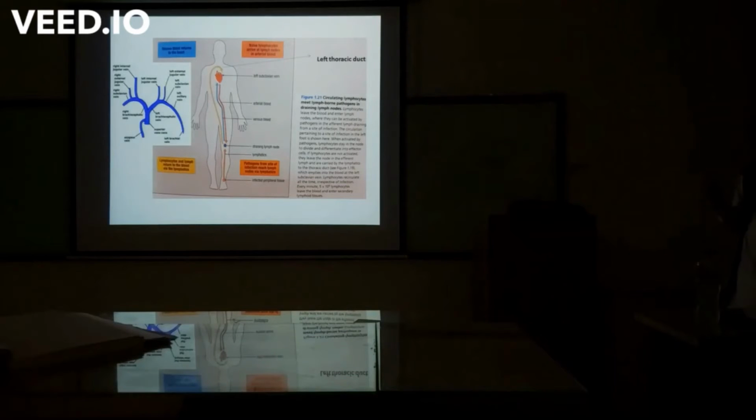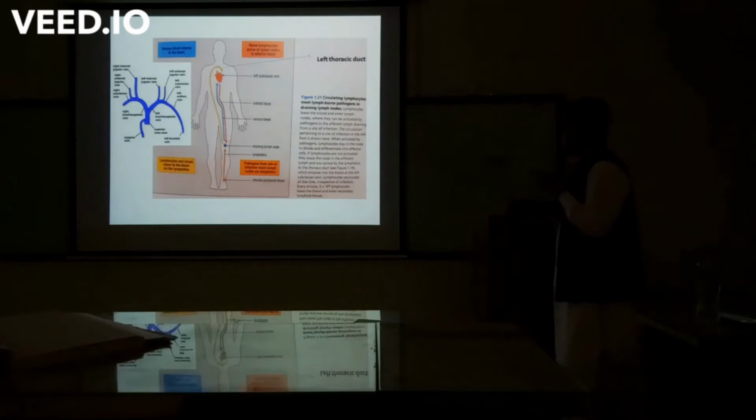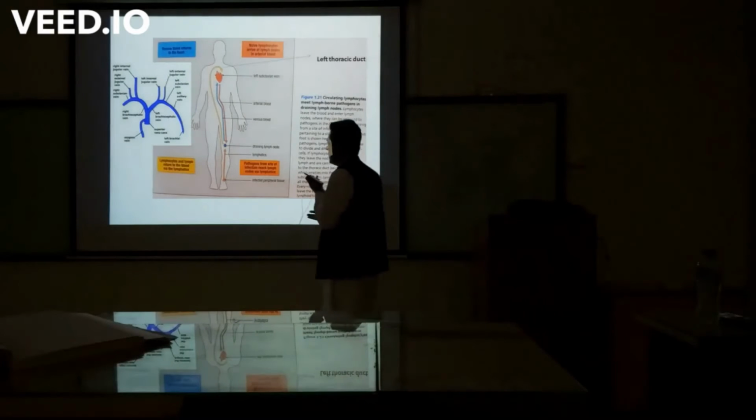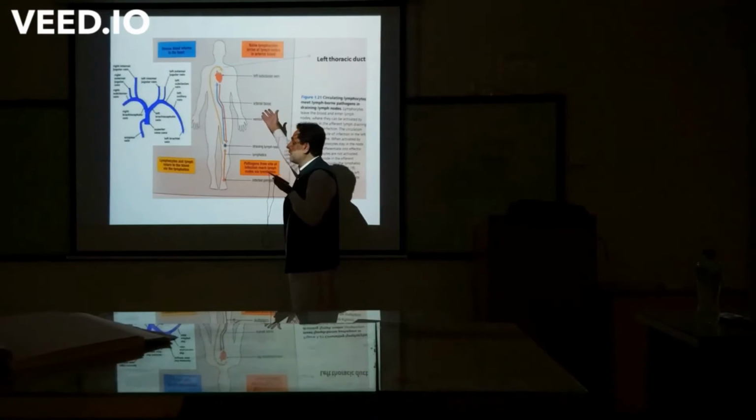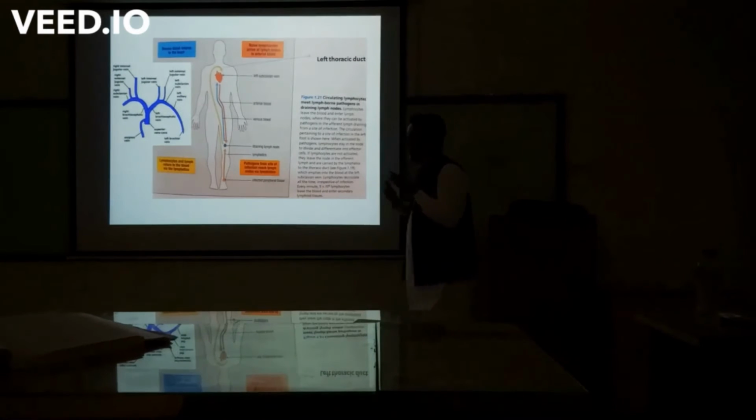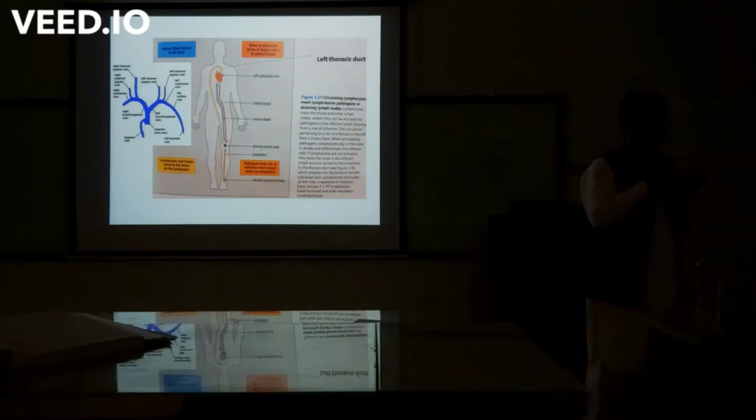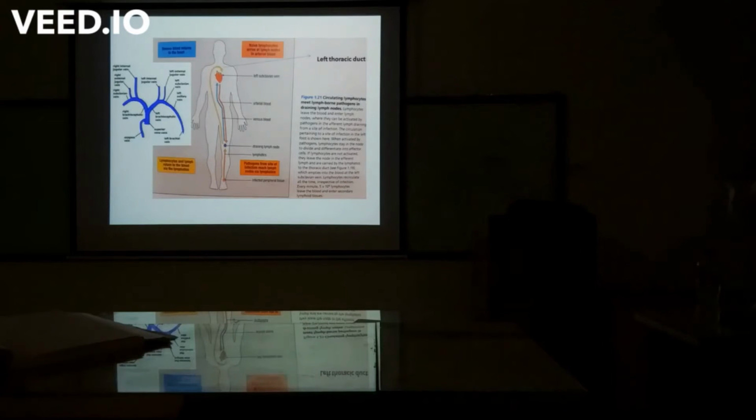So how is the lymph being transported from, for instance, the lymphatics that are present in your legs, up to the subclavian vein, which is right here? The subclavian vein is behind the clavicle. This is your clavicle bone here. We also call it the collarbone.